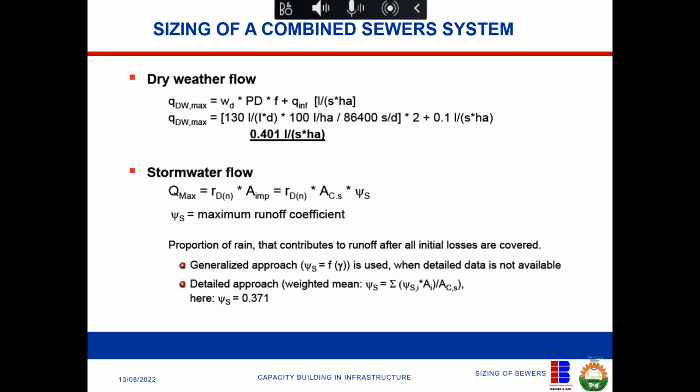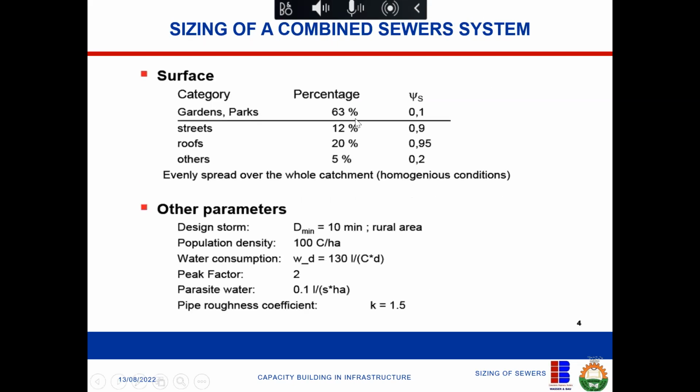Now, the other thing is that if you want to get your peak runoff coefficient, you use what we call the mean weighted average. Just like we have here. If all these catchments are different, you can't just say that the average catchment is this plus this plus this plus this divided by 4. You will fail it.